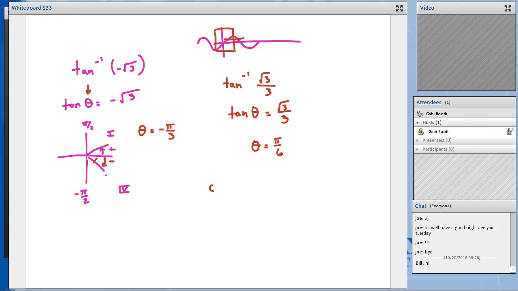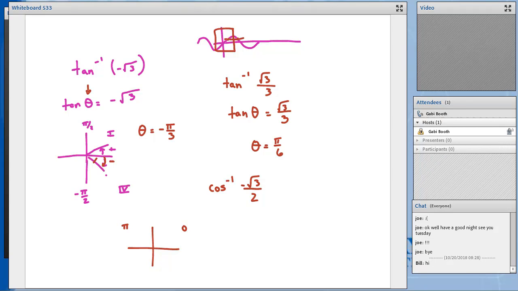And here's another one. For example, the inverse cosine of negative square root of 3 over 2. Now for the inverse cosine, our range is between 0 and pi. So we're only looking for angles in quadrant 1 and in quadrant 2.